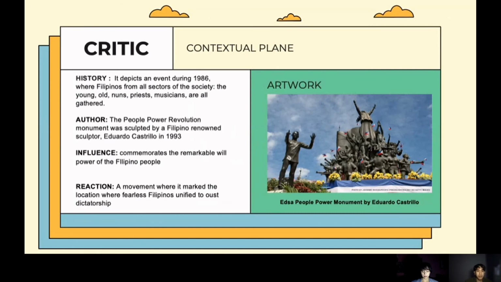The People Power Revolution monument was sculpted by a renowned Filipino sculptor named Eduardo Castrillo in 1993. Third is influence. It commemorates the remarkable willpower of the Filipino people. And lastly, reaction. It is a movement that marked the location where Filipinos unified to oust dictatorship.